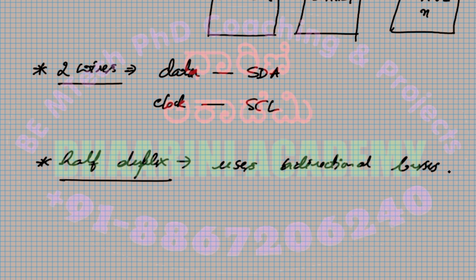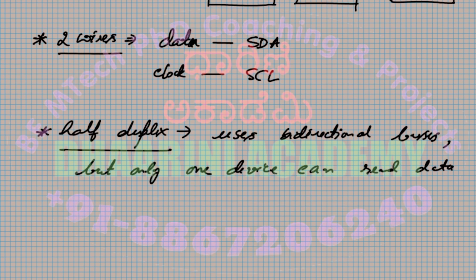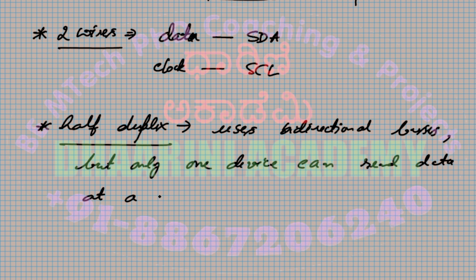It uses bidirectional buses, but only one device can send data at a given point of time. That's the fundamental thing. Normally the master will decide who is going to send. So that's about the data lines.